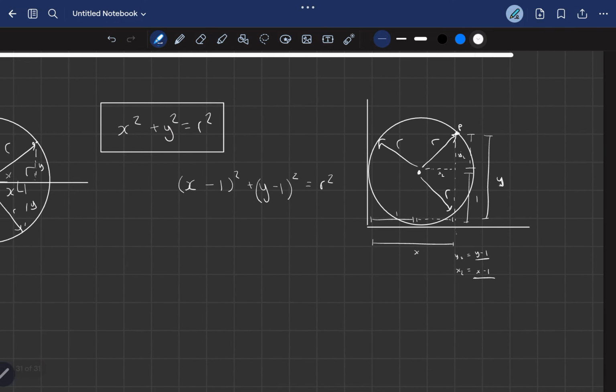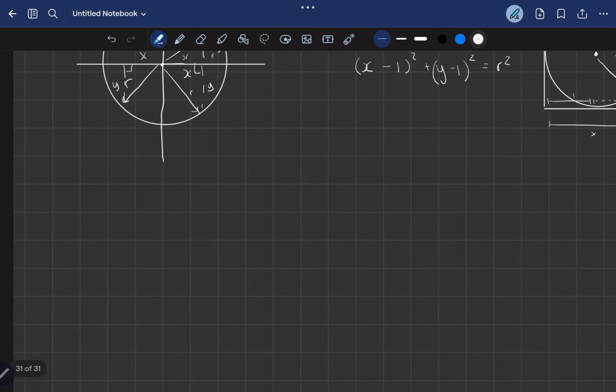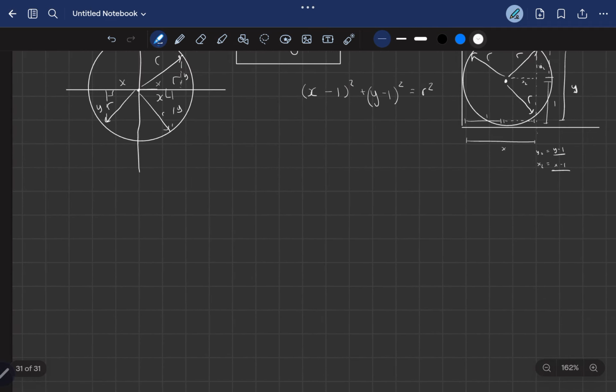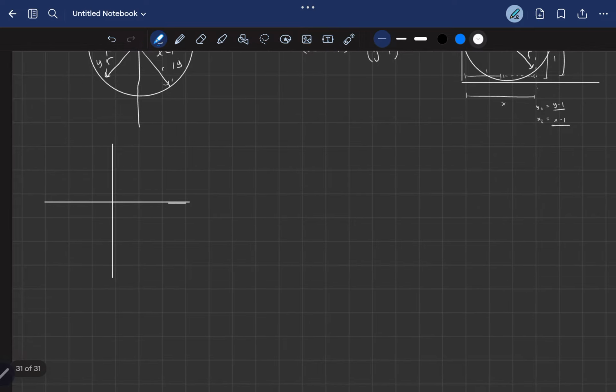Now, let's do another example. This time we're looking at negative 2.